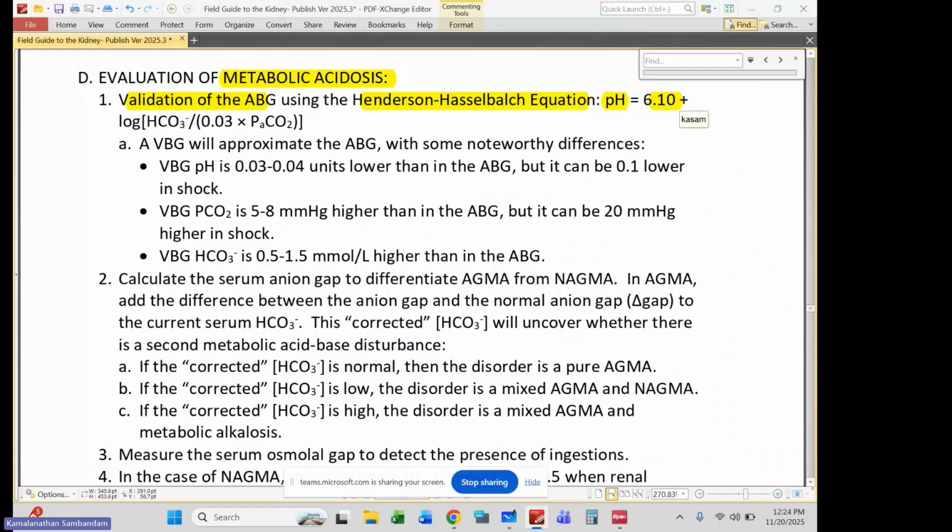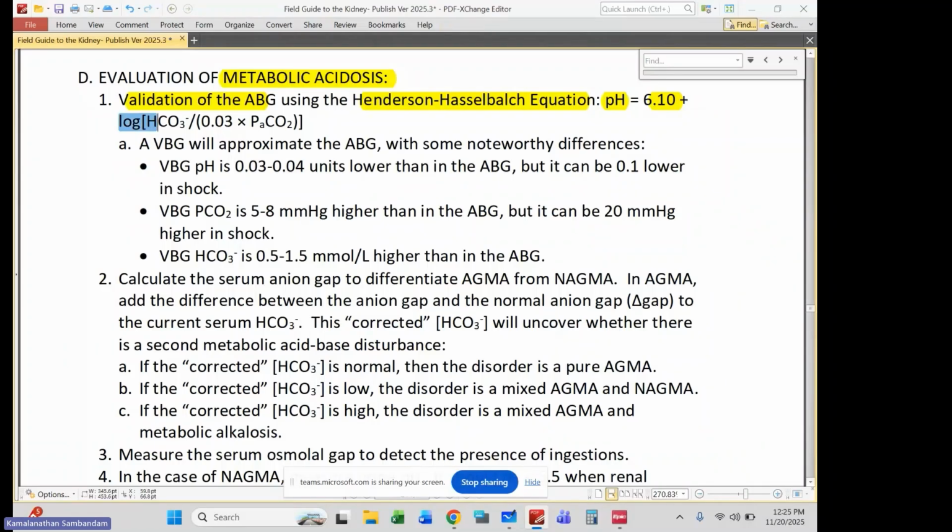Okay, that is 6.10. I can use Henderson-Hasselbalch with other buffers, but when I'm using it for the carbonic acid bicarbonate buffer system, I just plug in the effective pKa of that system of around 6.1.